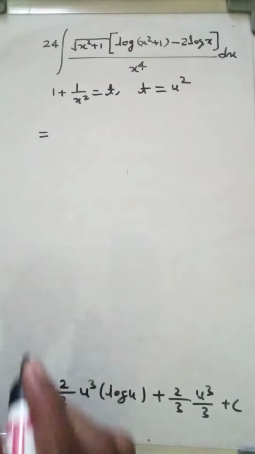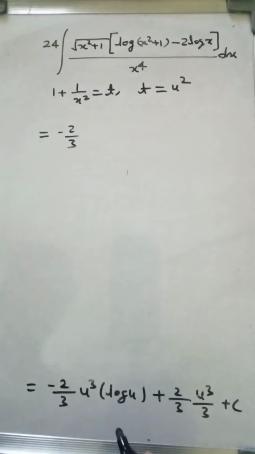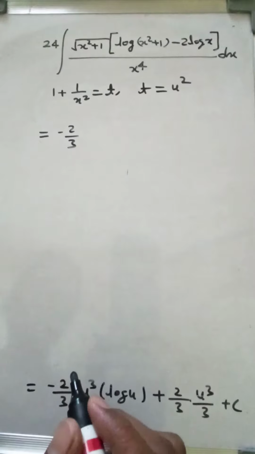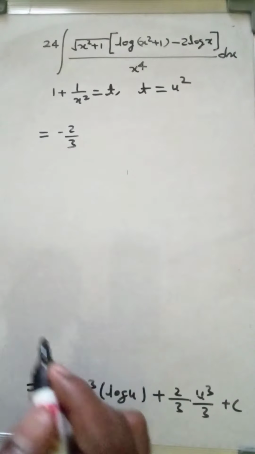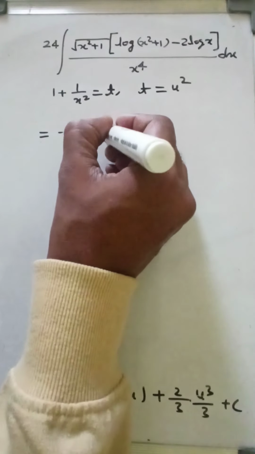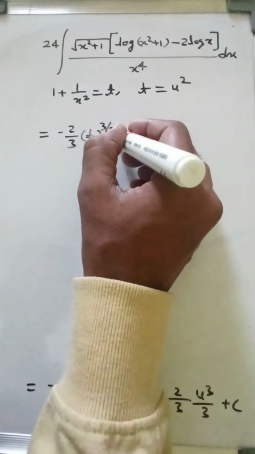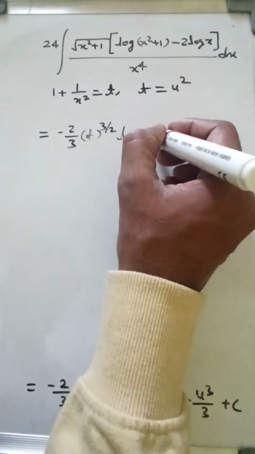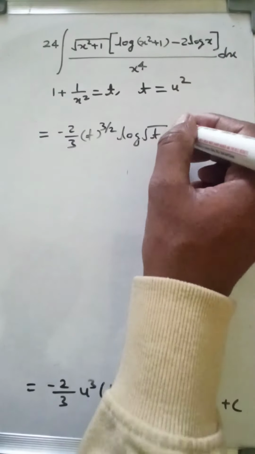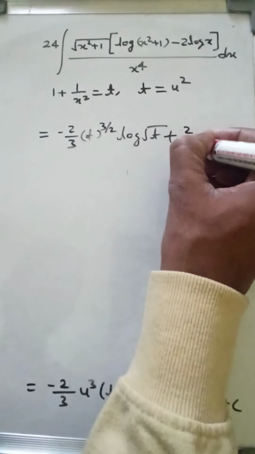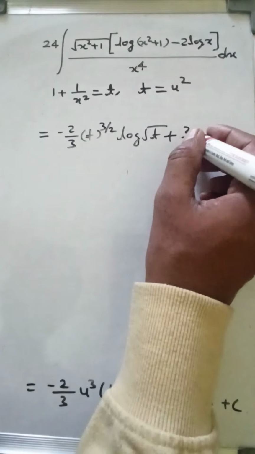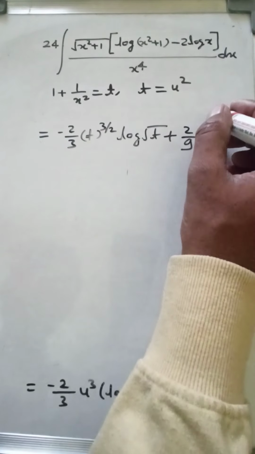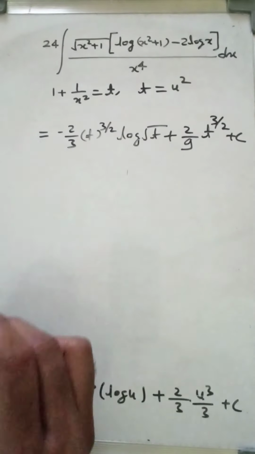Now we are going to substitute minus 2 by 3 u cube in terms of t, so minus 2 by 3, t to the power 3 by 2, and log of u is half log t, plus 2 by 3 u cube, which is t to the power 3 by 2, so 2 by 9, 3 3 is 9, u cube is t to the power 3 by 2, plus c.